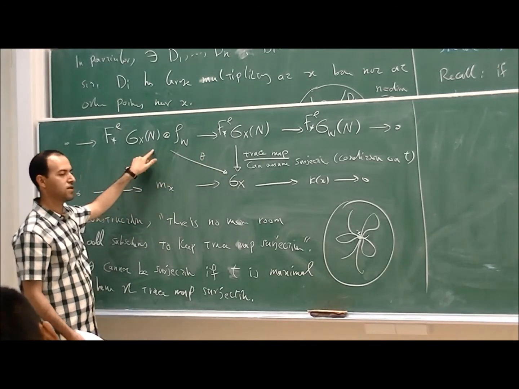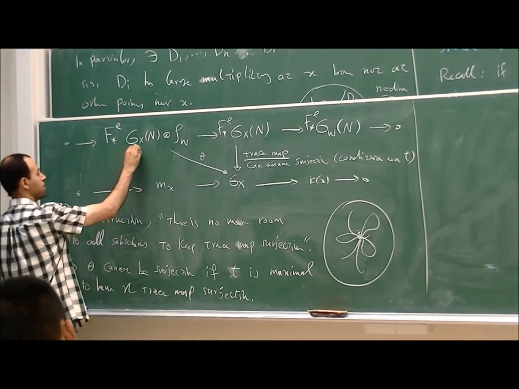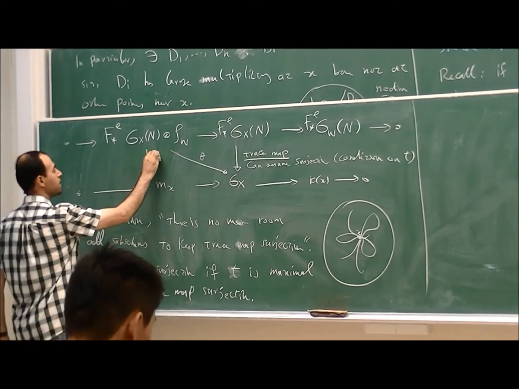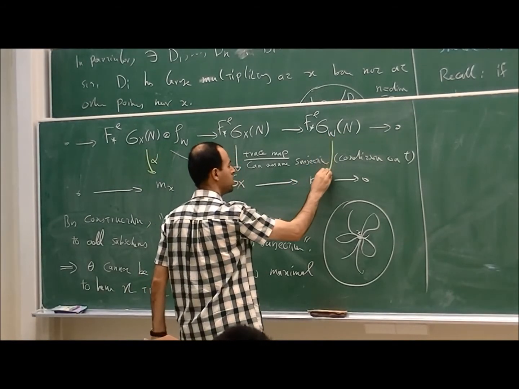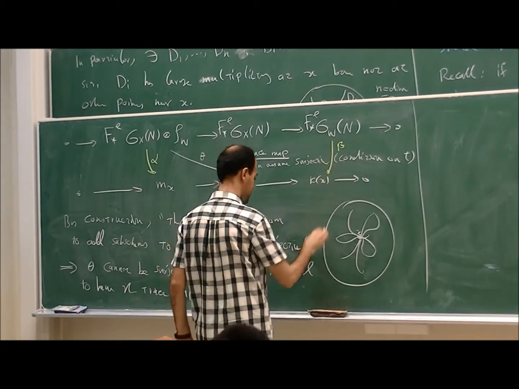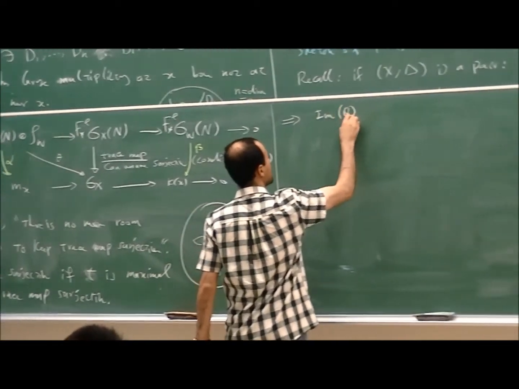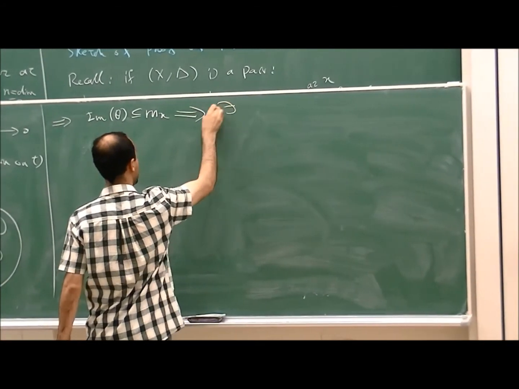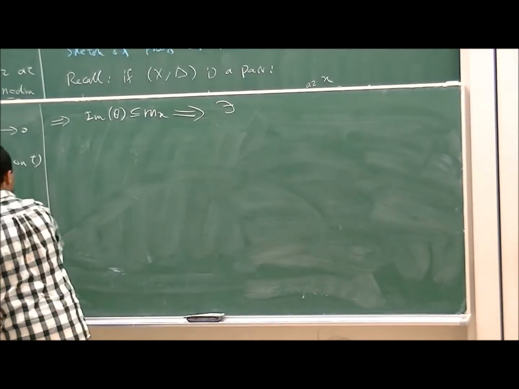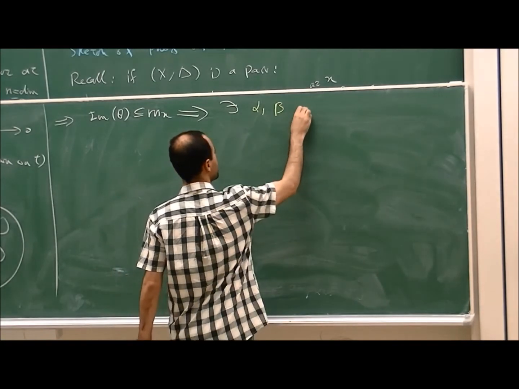If the map is not surjective, it has to map into the maximal ideal. So we have then a larger diagram of this alpha. So the image of theta is inside m_x, and this implies immediately that there are alpha and theta making the diagram commutative.